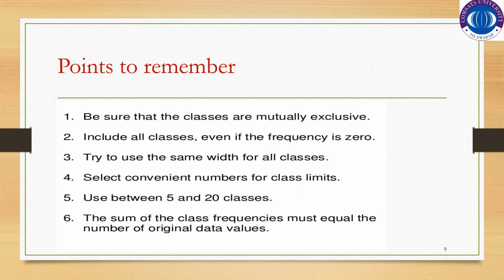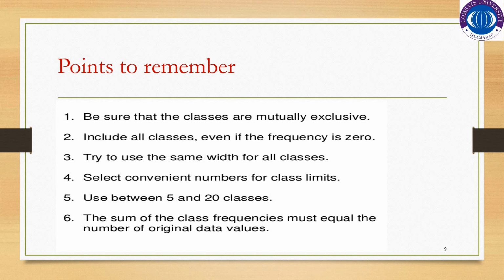Usually we can choose the number of classes according to the number of data points in our data. The sum of class frequencies must equal the number of original data values.